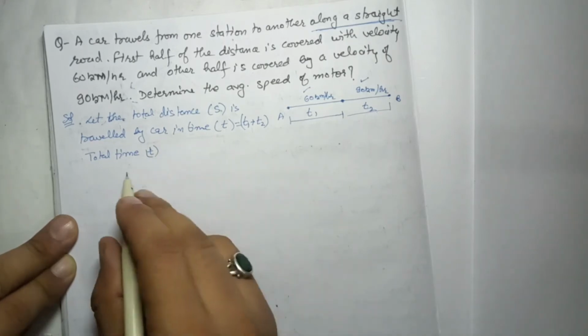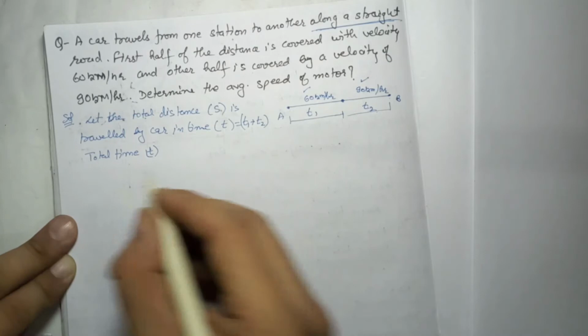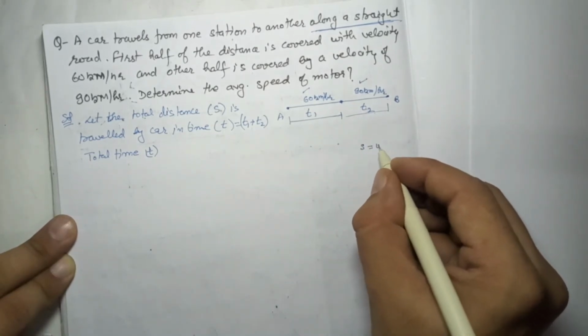Now we know that time is distance upon velocity, since distance traveled is equal to speed into time.